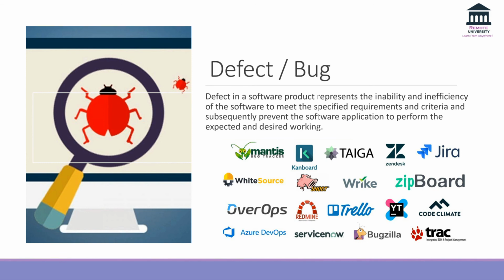The most commonly used approach is to use a tool based on your organization's adoption. The most commonly used defect tracking or bug tracking tools are listed here. The ones I used for most of my career are Jira and Bugzilla.